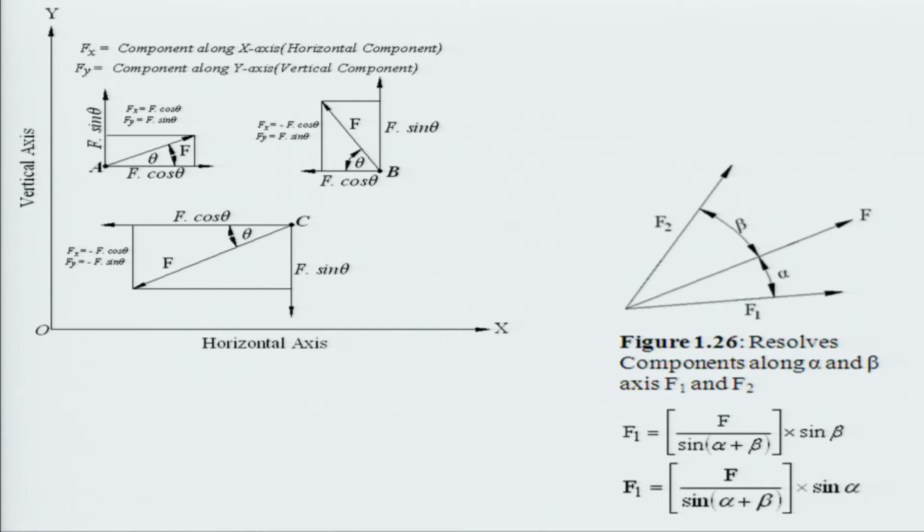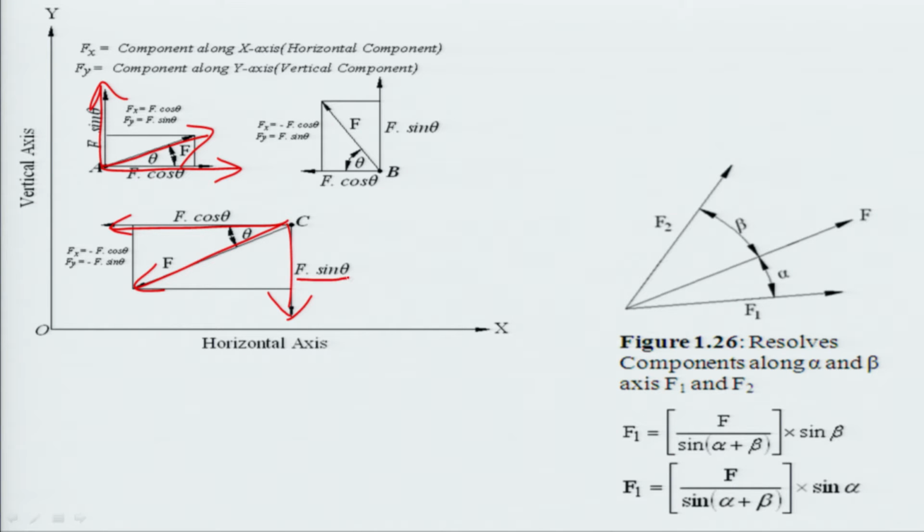If a force F can be resolved into two parts, this horizontal part F cos theta and this F sin theta. This force F can be resolved in this direction and this direction. What will be the value?